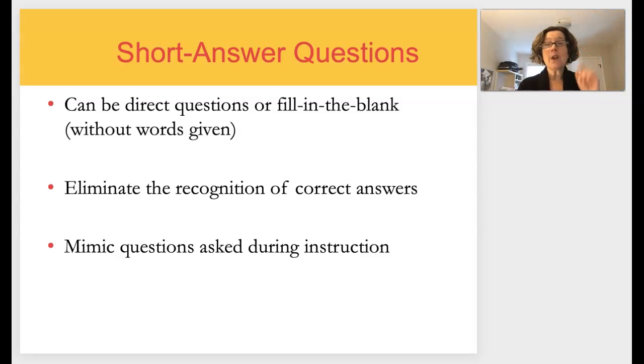One of the cons of short answer questions is that it requires your judgment to score. So it's seen as more subjective than selected response questions, like true/false or multiple choice. But hopefully you're getting the idea that no test question is truly objective.